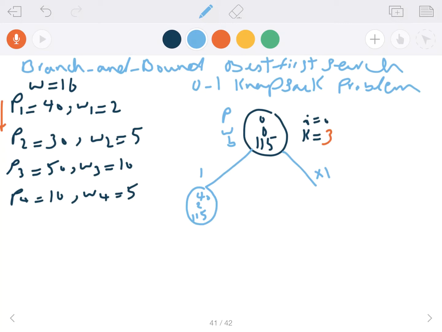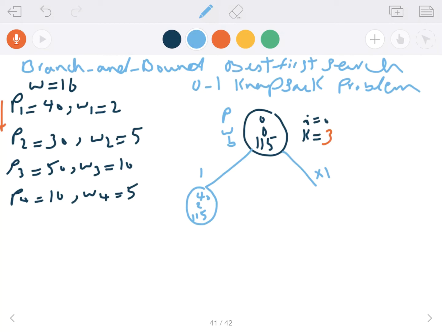And here I wrote K equal to 3 with the other color because K is the item where the total weight would exceed the maximum weight. If I pick item number 1 and 2 together, the weight is going to be 7.